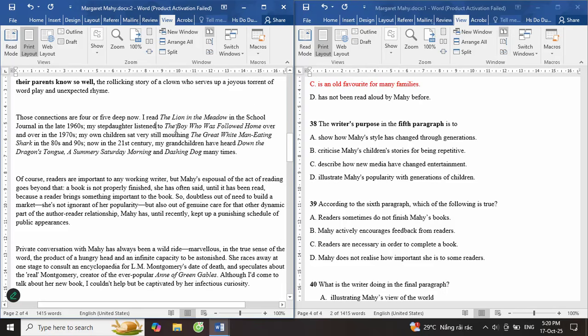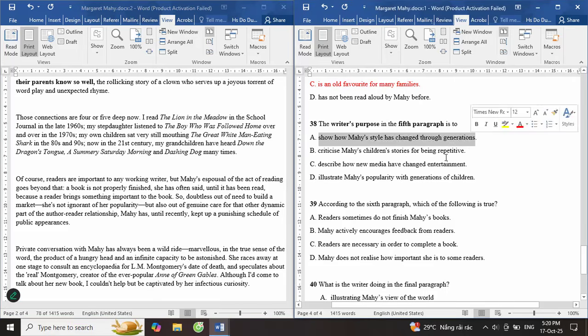For this paragraph, the writer talked about how his children and then his grandchildren enjoy reading Mahy's work. So to show how it has changed, not mentioned. Criticize, no. Describe how new media have changed entertainment, no. Illustrate her popularity with generations of children, yes.